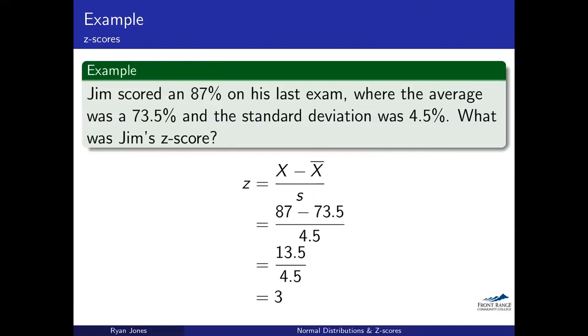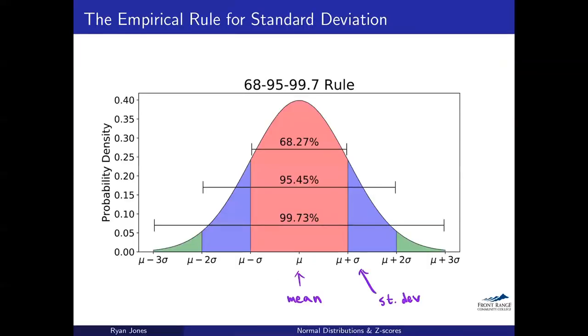This would be very good. On an exam, if you were to curve an exam or something like that, this would definitely be considered an A. 3 standard deviations is pretty hard to do. And the reason we know that is because we can go back to this graph right here and recognize that if I go 3 standard deviations away from the mean, I'm encompassing 99.73% of the data.